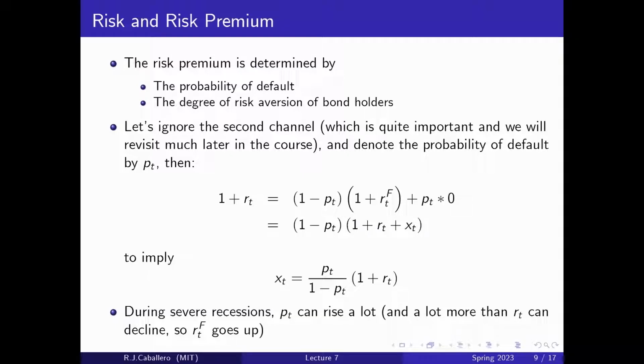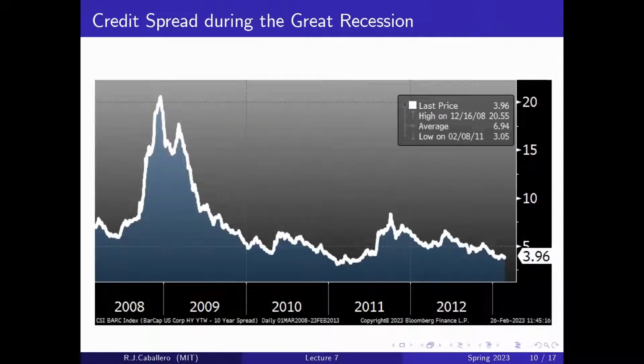And in fact, if I show you what happened during the Great Recession, same episode as before, there you have it. This is our X, really. Look how it jumped during 2008. So the average, and this is for, I think it's high yield, but it's not junk, it's high yield though.